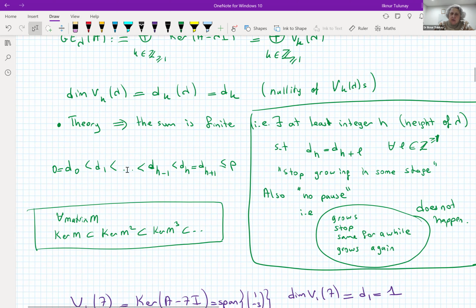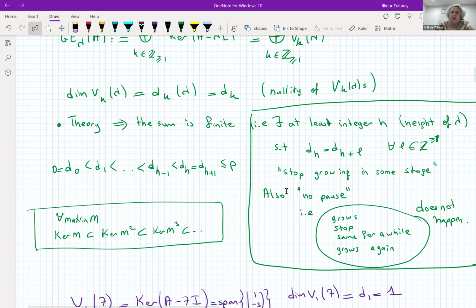If one of them stops growing, it means that it is the end of it. It does not happen that it stays the same for a while and grows again. The no-pause property means this does not happen.